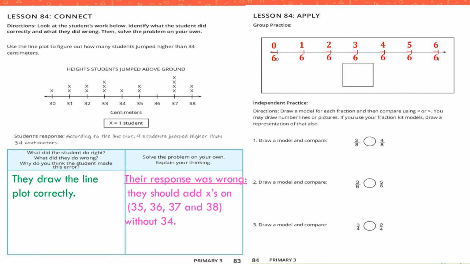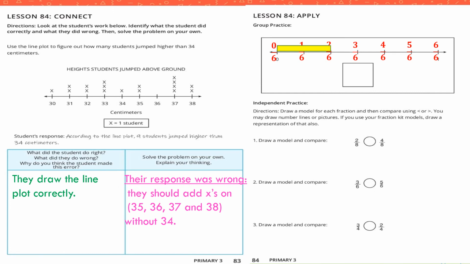I will ask you a question here. Let's represent 2 over 6 on this number line. What shall we do? You should join the distance from the starting point 0 over 6 till 2 over 6, okay?